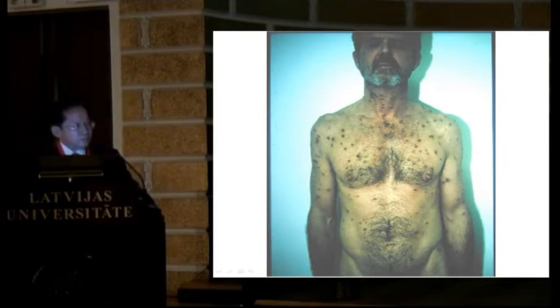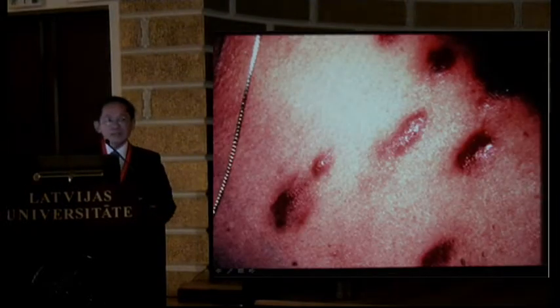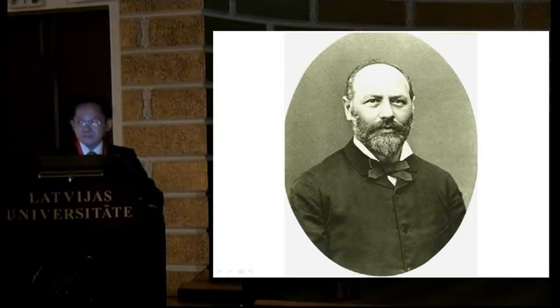And in the following about 3 to 6 months, we saw more patients. This is the same patient in the back. And this is another patient, another Kaposi sarcoma. So this was 30 years ago. I'm sure Professor Kaposi would know this is something different from classic Kaposi sarcoma.